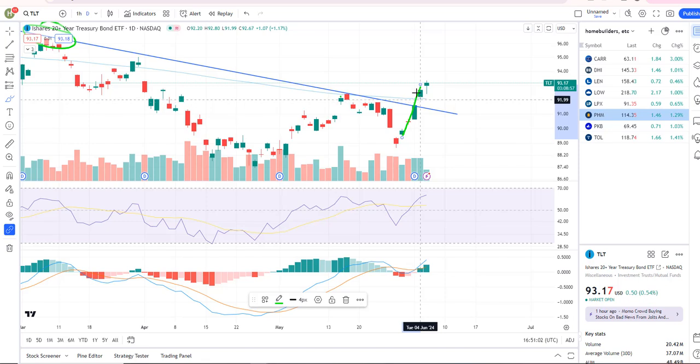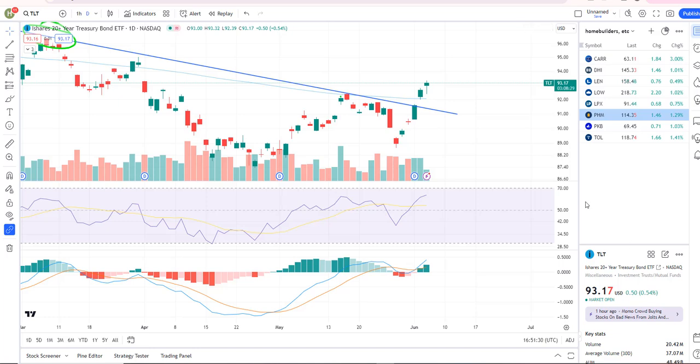So bonds are going up, which means the interest rates are falling. That should provide a tailwind to the markets. Typically when you see interest rates falling, that's helpful for stock markets. So keep an eye on that. Doesn't necessarily have to be, but that should be.